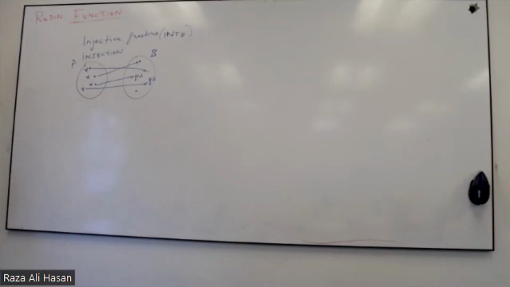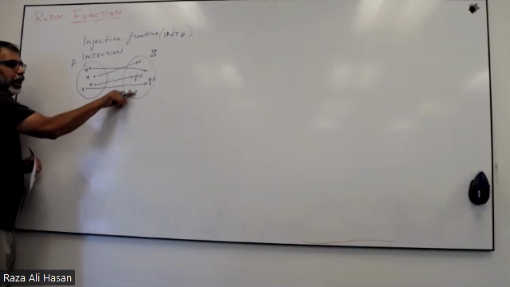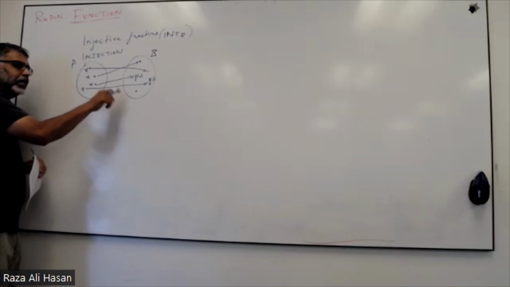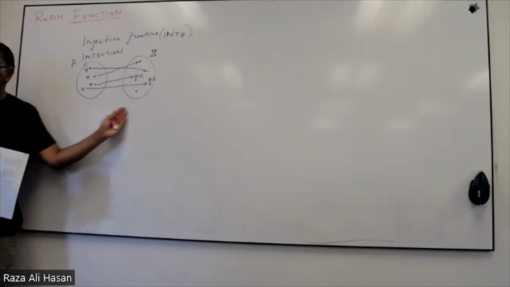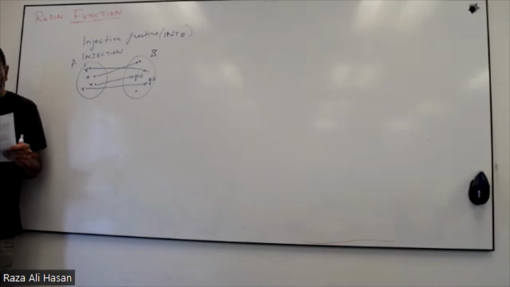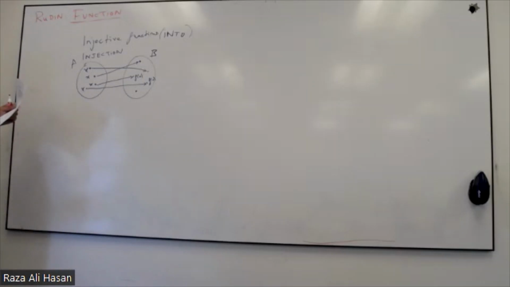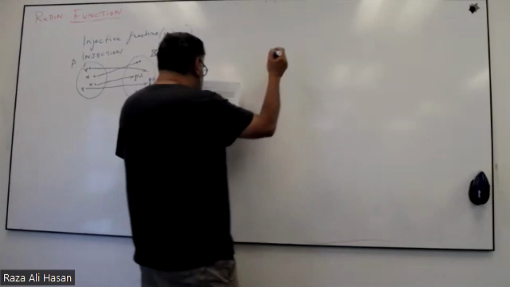Not every element is getting an arrow. Not every element has an arrow going in. So this is a picture where we can say that this is an injective function, or an injection is happening between two sets. Okay, all right. So that's number 2. Number 2 is surjective. So I'm going to write it here.